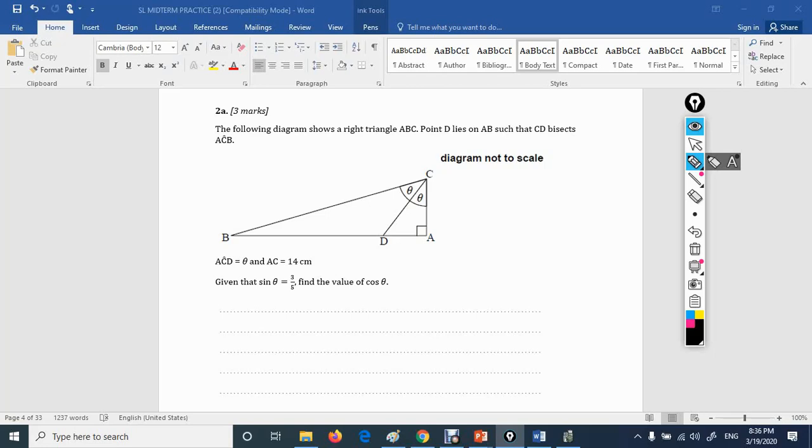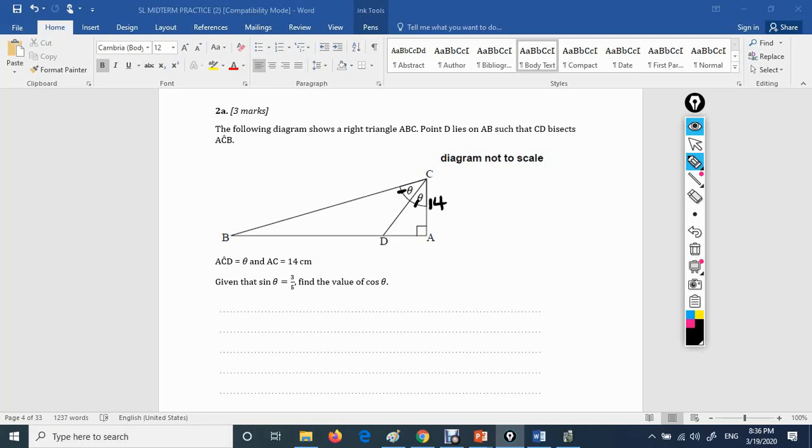That immediately means that this angle and this angle are the same. Then they tell us that ACD, this angle here, is theta, and that AC, this length here, is 14 centimeters. So let's write 14. Given that sine of theta equals 3 over 5, find the value of cosine.